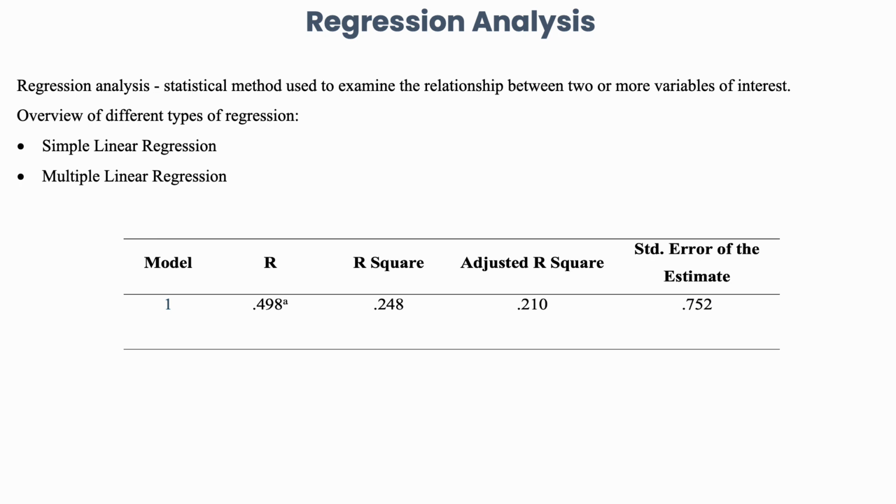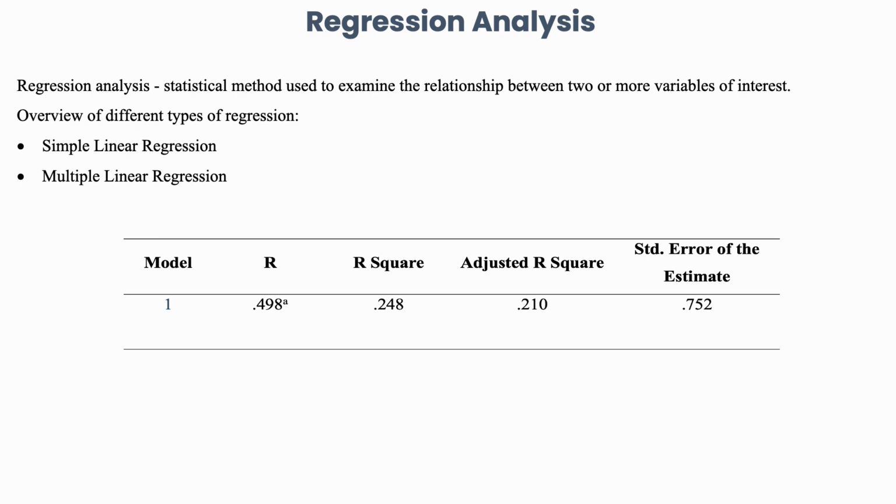There are a couple of types of regression. The simpler and more general ones are simple linear regression and multiple linear regression. Simple linear regression is the simplest form of regression. It examines the relationship between two continuous variables.